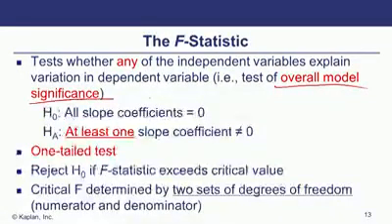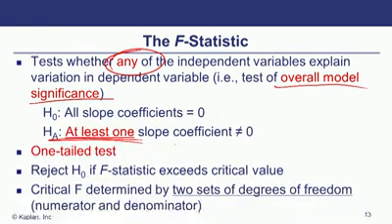So overall validity. Now, the key point is that it actually tests whether any of the independent variables help explain the dependent variable. So it doesn't necessarily say, yes, all variables are doing a brilliant job. Well done, guys, you selected the best variables in the world. It says that at least one of the slopes is doing a good job.